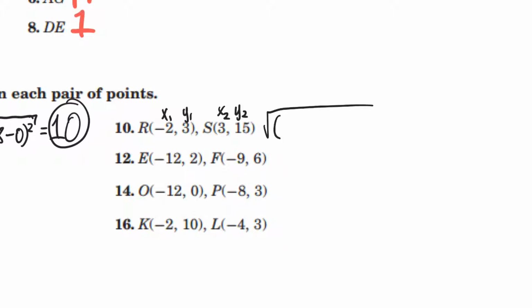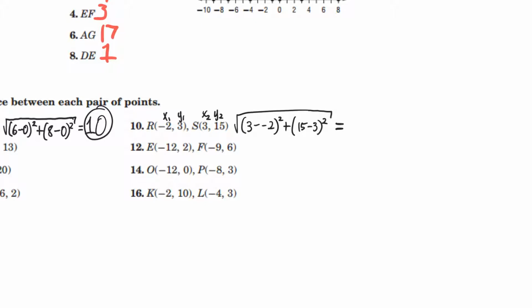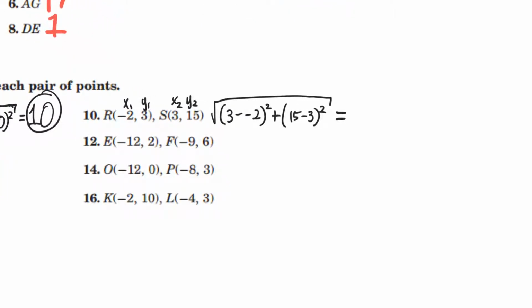All right, so when we plug this in, what's my x2 value? 3 minus, what's my x1? -2, squared, plus, okay, y2 value is what? 15 minus the y1 value, 3. What'd you get, Isaiah? 13. And 13 it is. Good job.